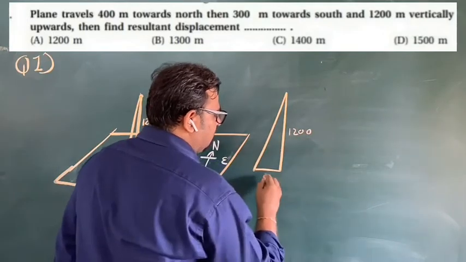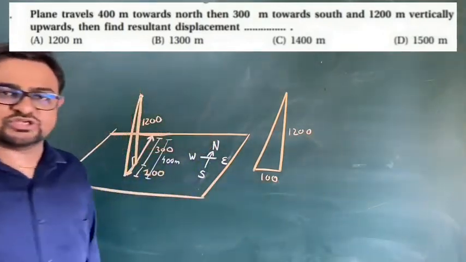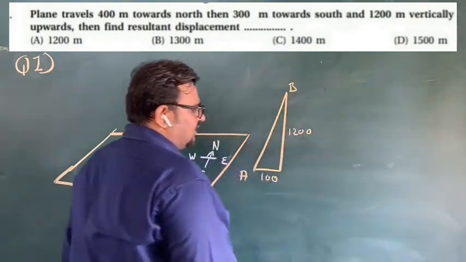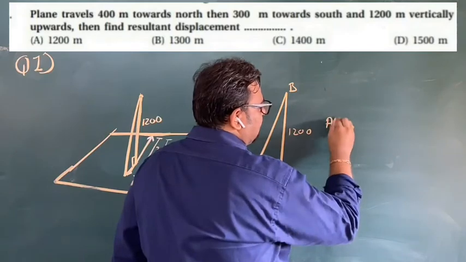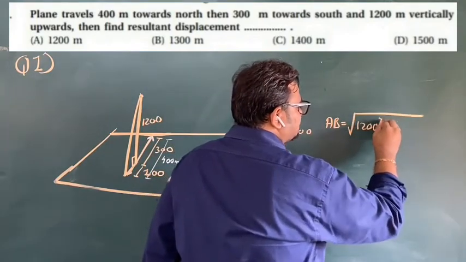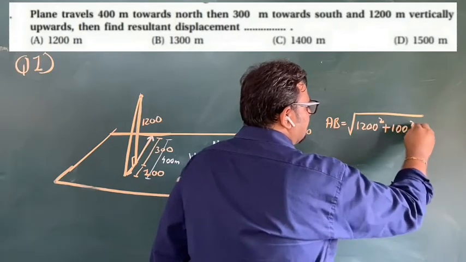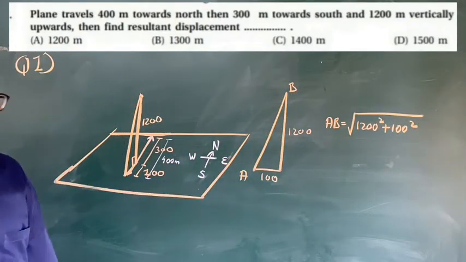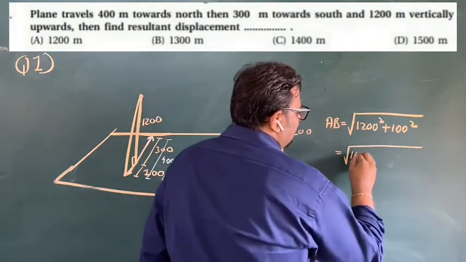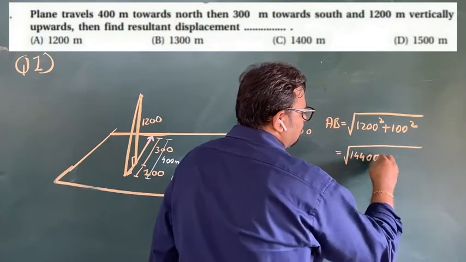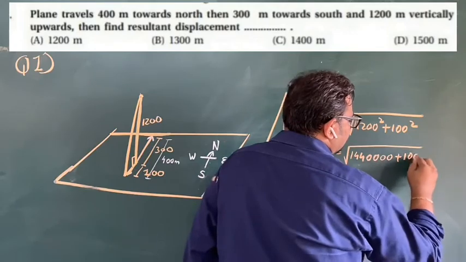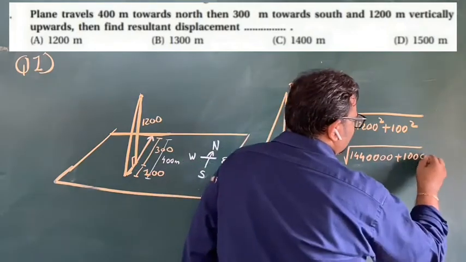1200, 100. So using Pythagoras, you have to find this displacement AB. That will be equal to the square root of 1200 square plus 100 square. 1200 square is 1440000 plus 100 square, 10000.